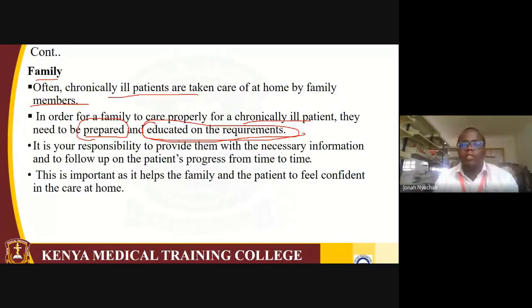And then you take care of the patient, and then you release this patient to the community. The community doesn't have any knowledge, or they are not prepared to take care of this patient. So within 2 weeks, the patient dies.